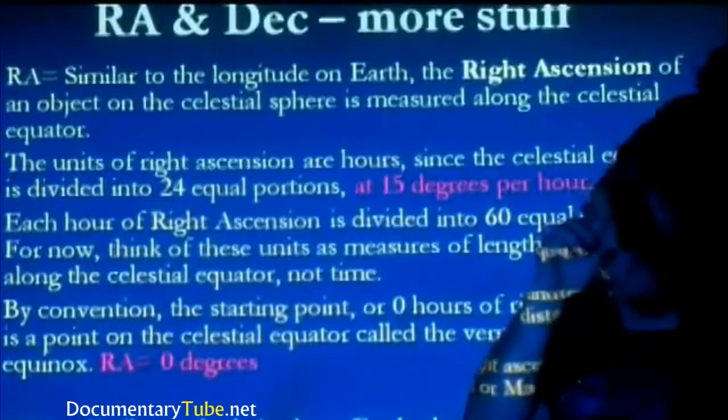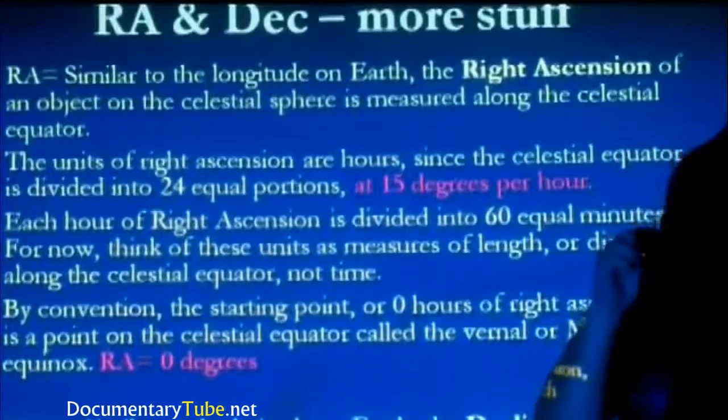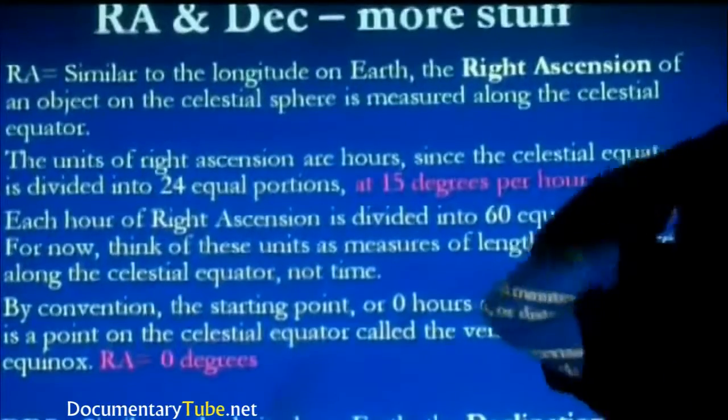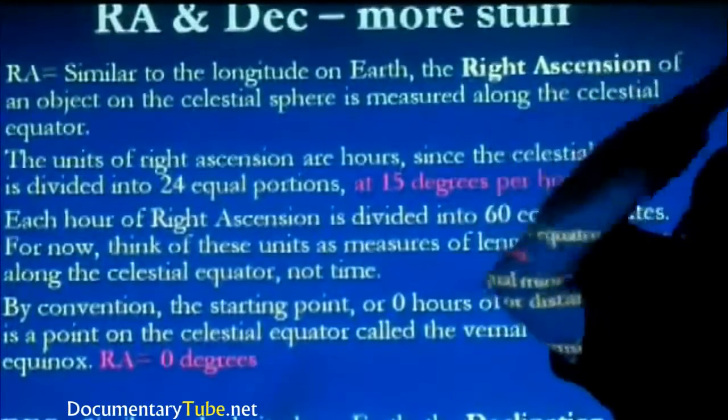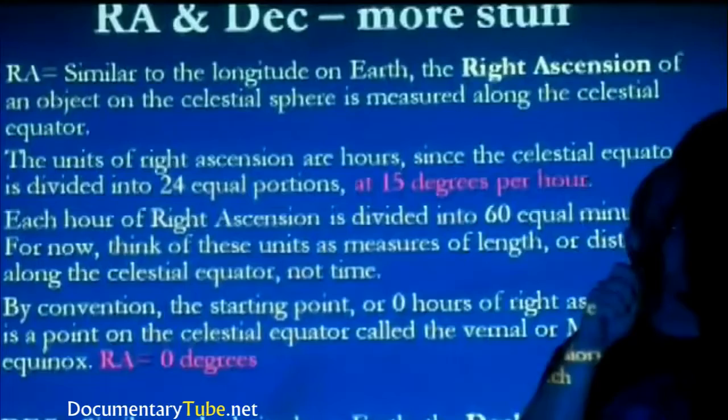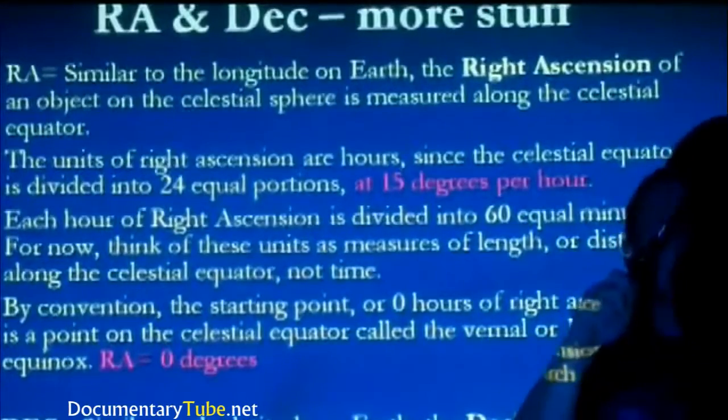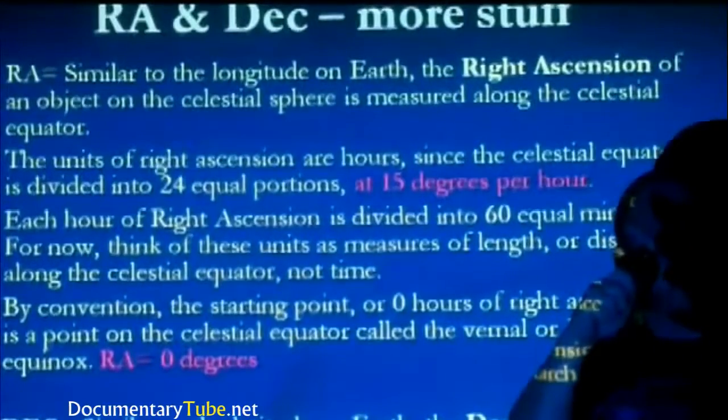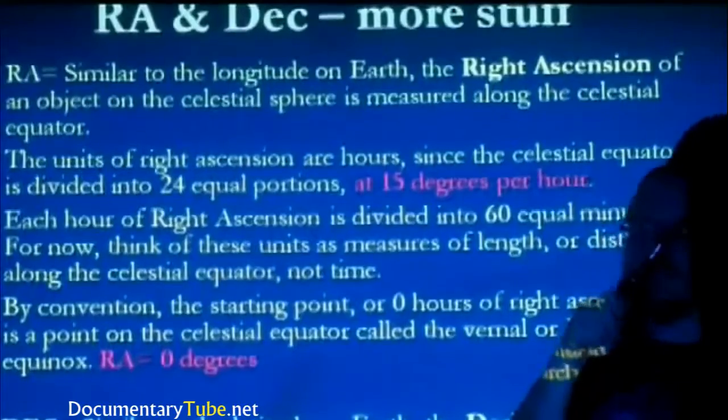When that happens, you will actually find that the terminator, that's the line, the shadow on the Earth that goes between the day and the night, at those equinoxes is exactly 90 degrees perpendicular to the equator, but only during those 2 equinoxes.